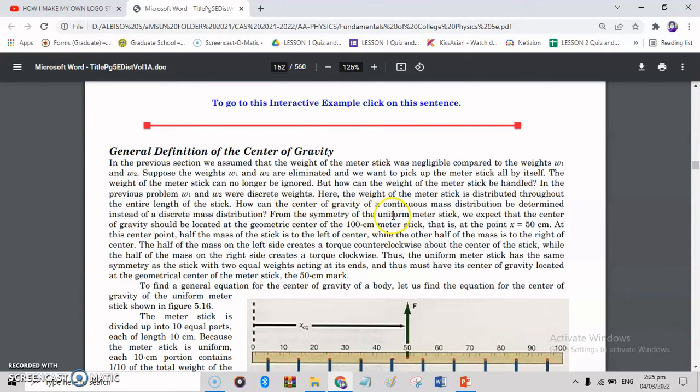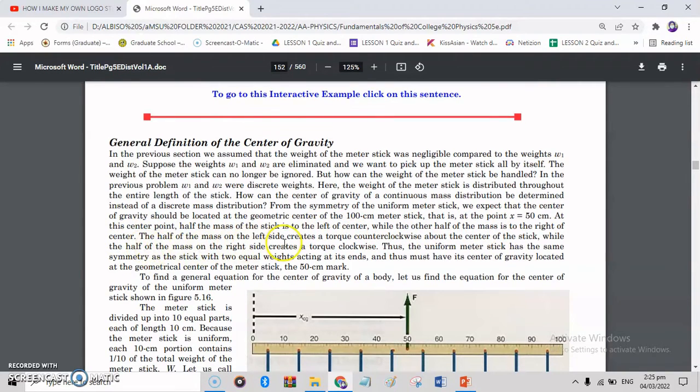From the symmetry of the uniform stick, we expect that the center of gravity should be located at the geometric center of the 100 centimeter meter stick. That is at point X at 50 centimeter, or half, right? At this center point, half the mass of the stick is to the left of the center, while the other half of the mass is to the right of the center.